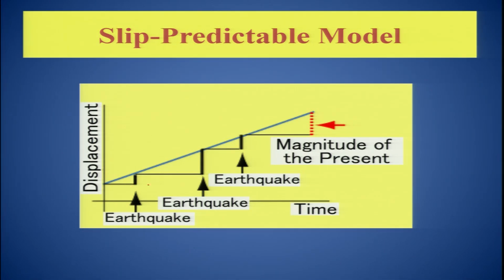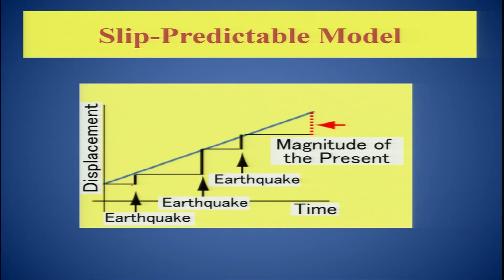So what does this indicate? That between this and this earthquake, you will have very much similar time which has been taken, but the slip varies in different earthquakes. Okay, slip doesn't remain the same here. The displacement is less here, displacement is less here.